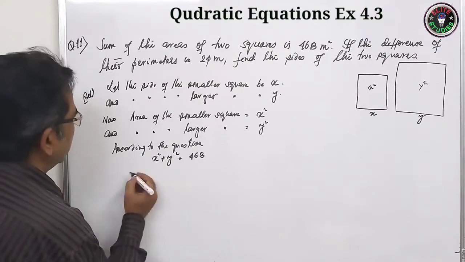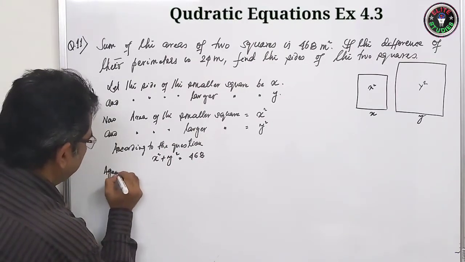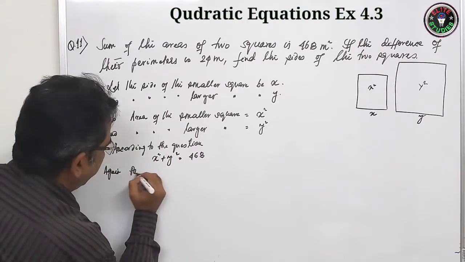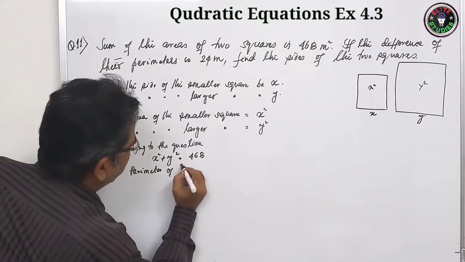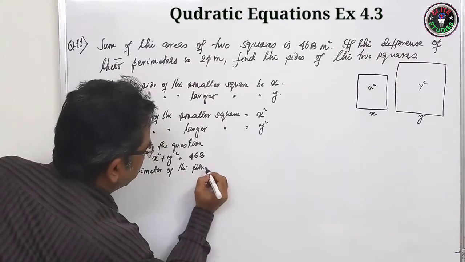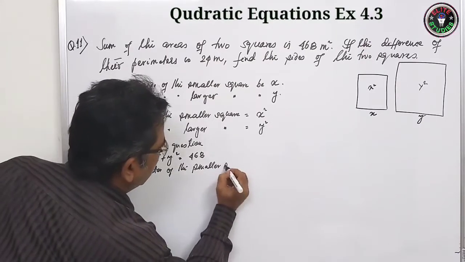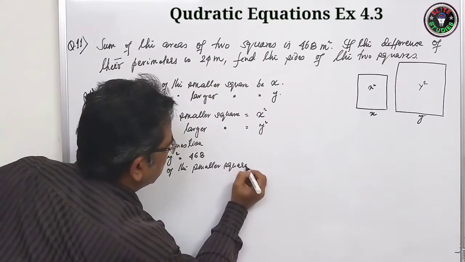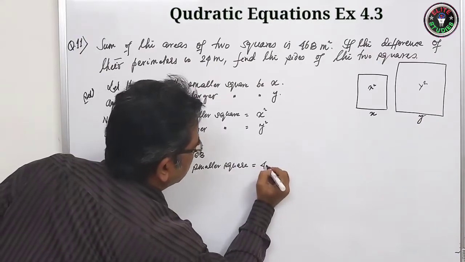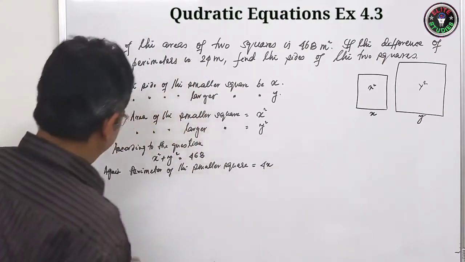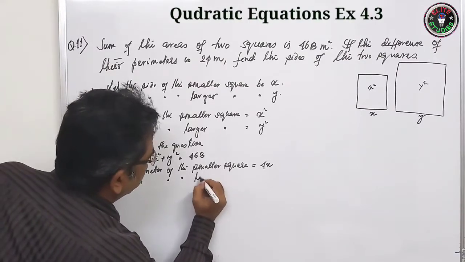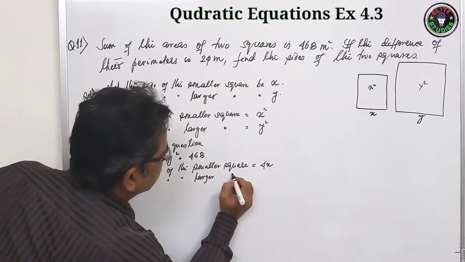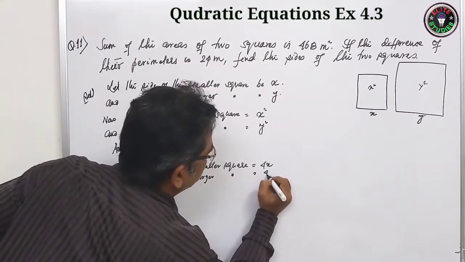Now again, the perimeter of the smaller square is equal to 4 into x, 4 into side, and the perimeter of the larger square is equal to 4y.